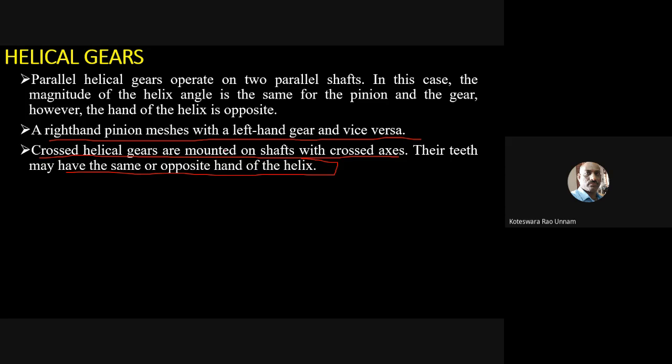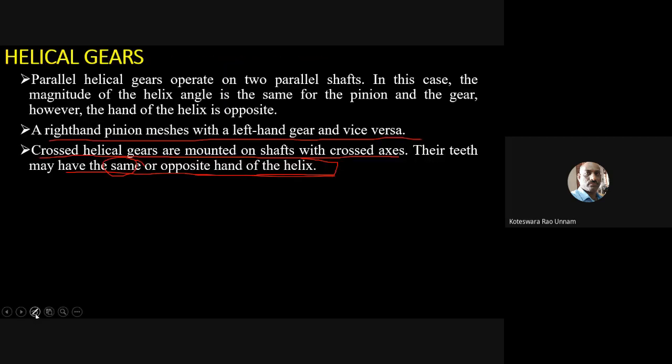So in the case of crossed helical gears, depending upon the included angle, at what angle the two shafts are intersecting, based on that you can go for either the same hand of helix or maybe opposite. Just now we said for the parallel case it is opposite hand. So in crossed gears you may have opposite hand of helix or you may have the same hand of helix.